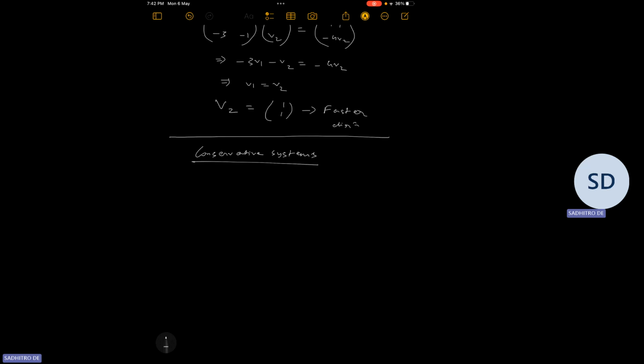That means you can define a quantity such that its time evolution is equal to 0. For example, the simplest example of a conservative system which one can think of is an undamped pendulum. Okay. An undamped pendulum, in the absence of friction, does not dissipate energy, so its energy remains conserved.